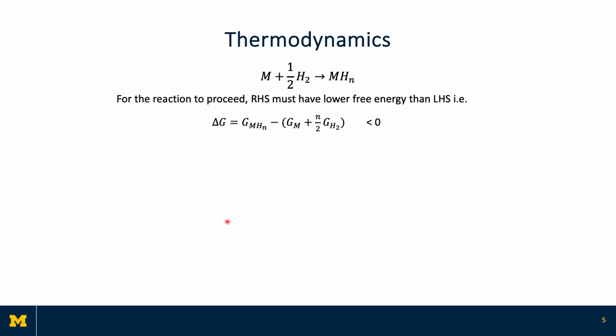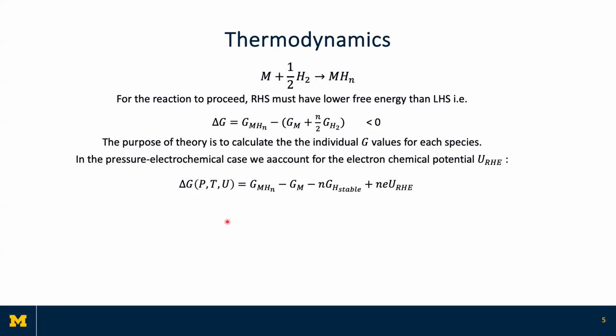What that basically means is that the delta G for this reaction, the change in Gibbs free energy of the reaction, should be less than zero. So the goal of our theoretical work is to find the values for the individual G's. Once you have the individual G's, you can calculate a delta G and determine whether a reaction proceeds or not. That's mostly what we're doing when we do these theoretical studies.